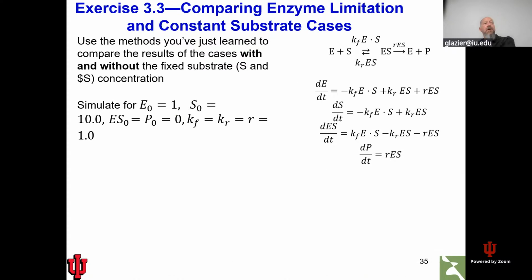So now we're going to use that boundary species convention, which is we want to compare what happens when we allow the amount of substrate to gradually decrease to what happens if we hold the amount of substrate fixed. And to hold the amount of substrate fixed, in your simulation, you put a $ in front of the S somewhere.